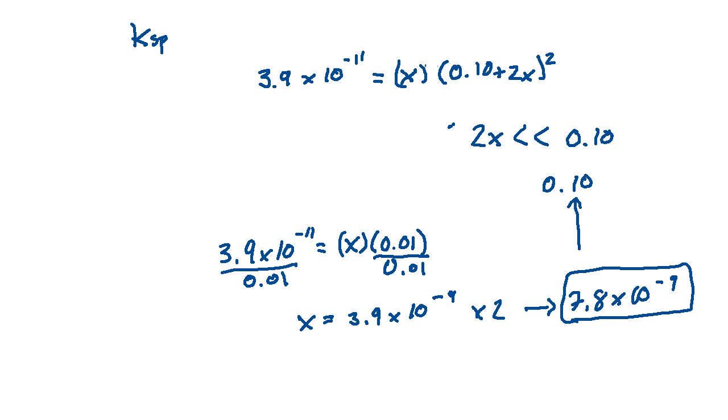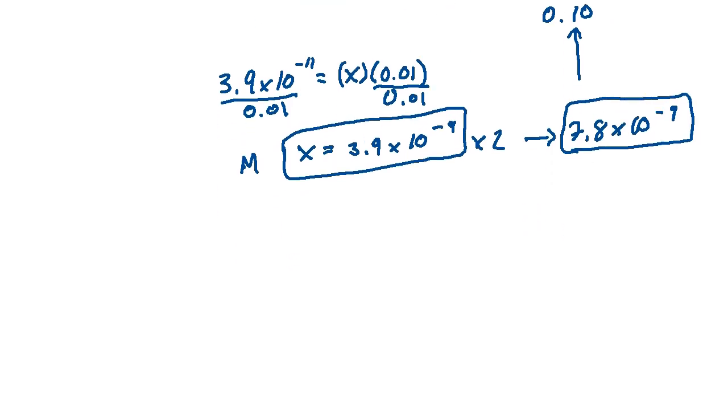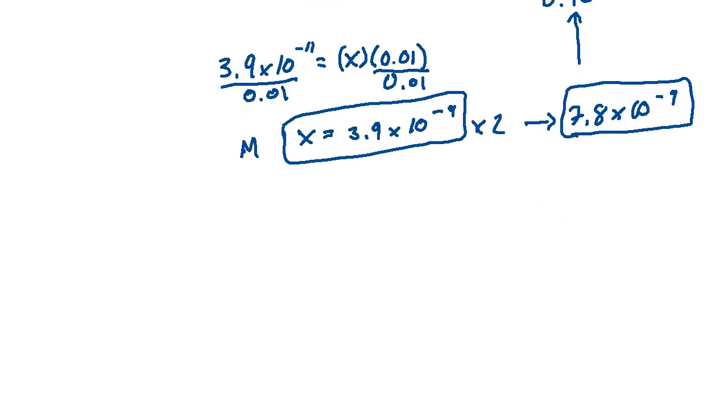All right. So we have our value for x, and now we're going to utilize that. Keep in mind that when we solve this in Ksp equilibrium terms, this is in molarity right now. We were looking for grams per liter here. So we need to take the molarity, which is 3.9 times 10 to the minus 9th moles per liter, and use the molar mass.